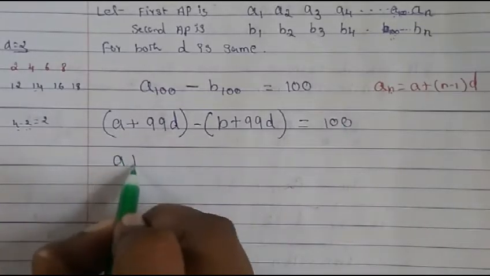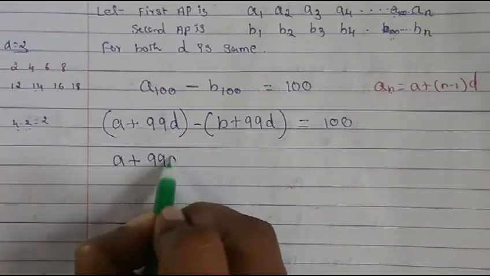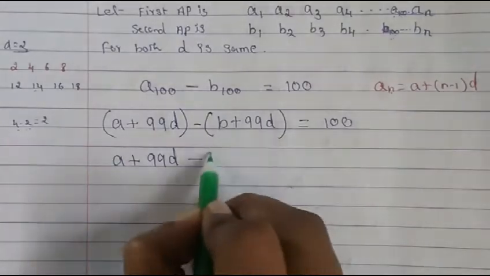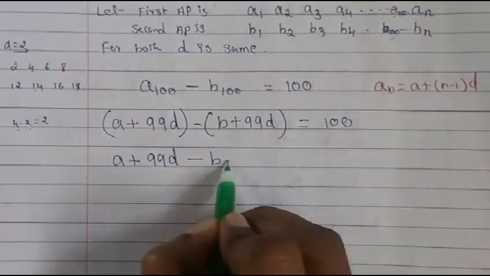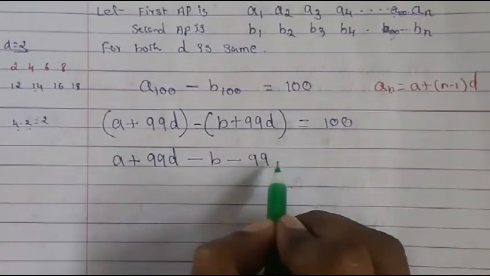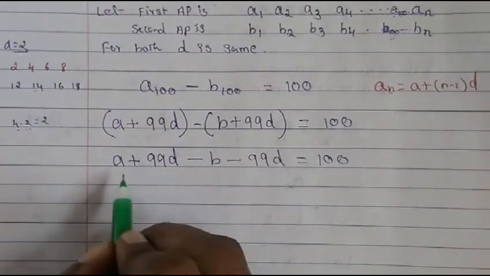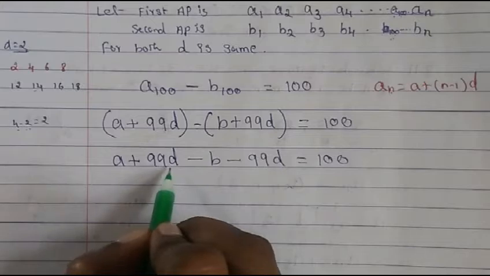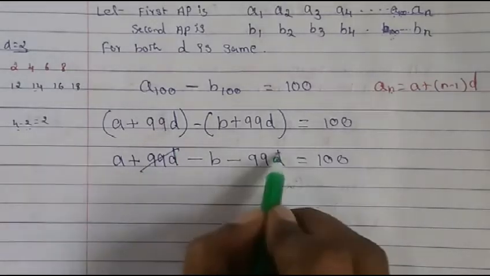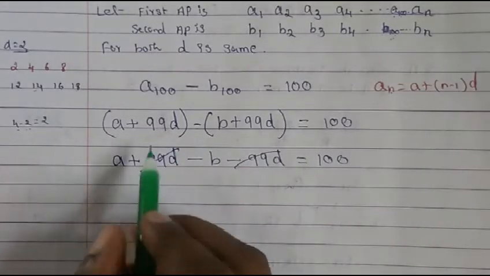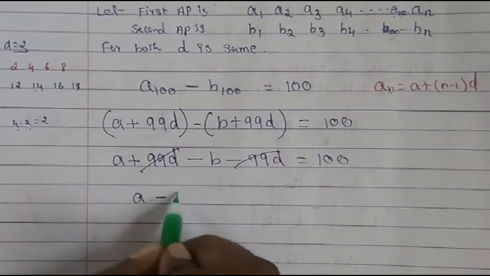So now a plus 99d minus b, minus into plus will give us minus 99d, equal to 100. Here plus 99d minus 99d gets cancelled, so you have a minus b.